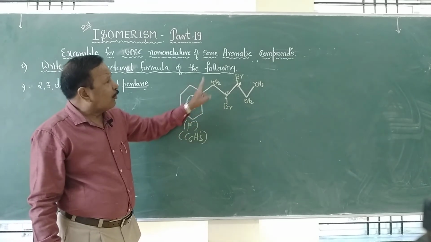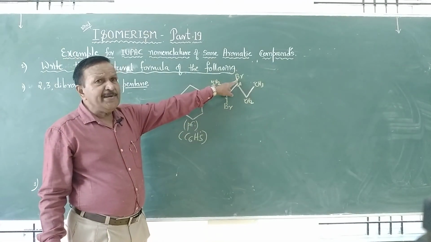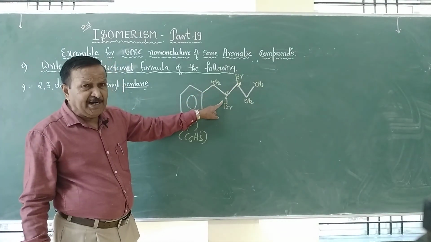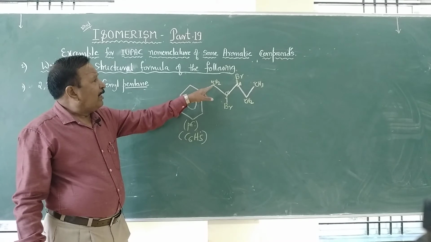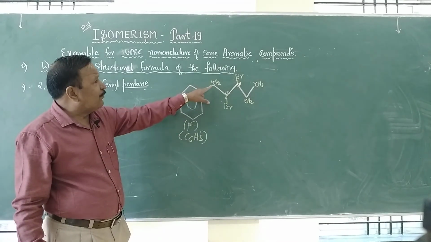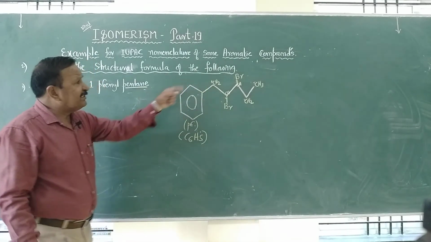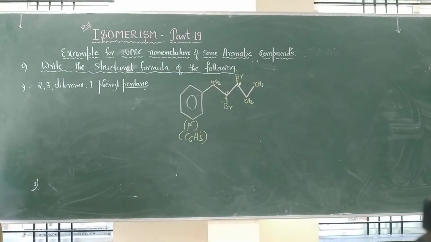And that pentane already contains bromine at the 2 position and 3 position, hence 2,3-dibromopentane with 1-phenyl. On carbon 1, the phenyl group is attached. So this is how you have to do it: if the phenyl group is going to be a substituent, it should be called phenyl.